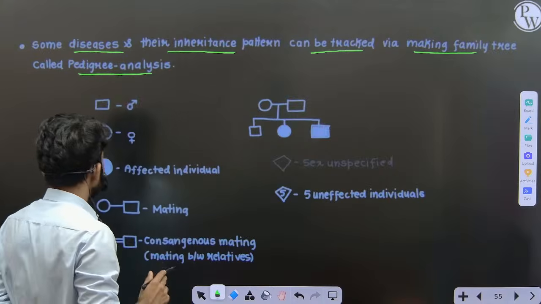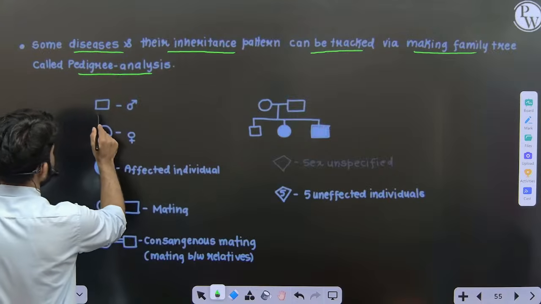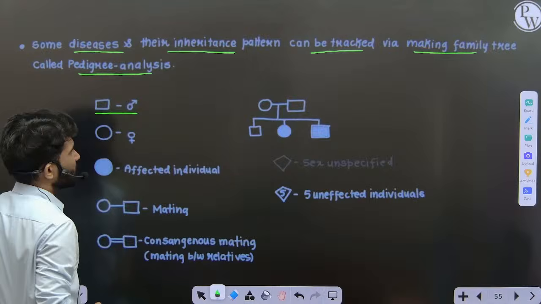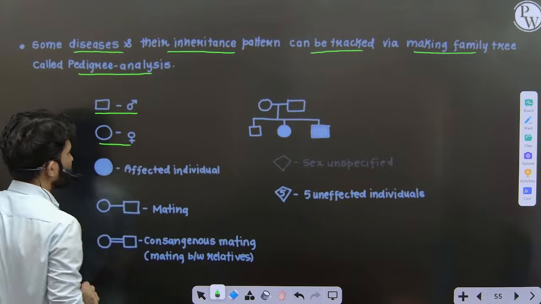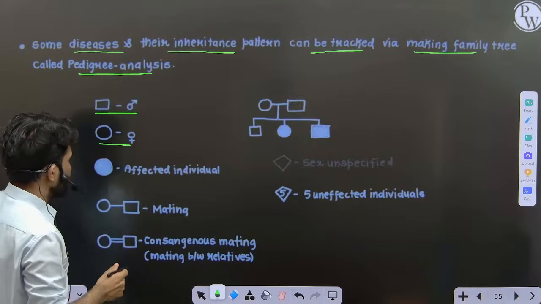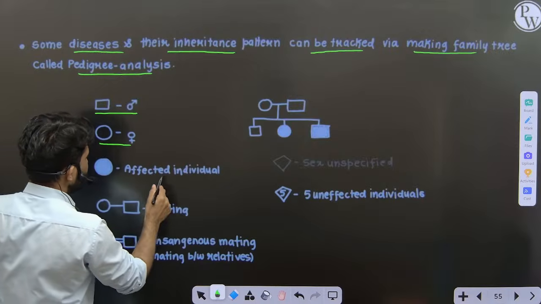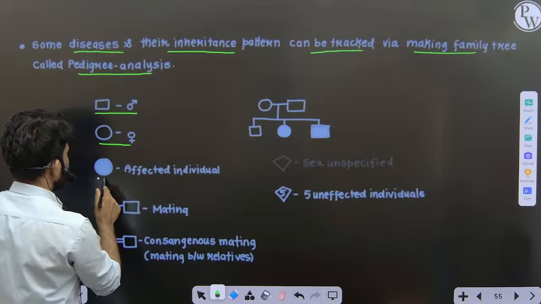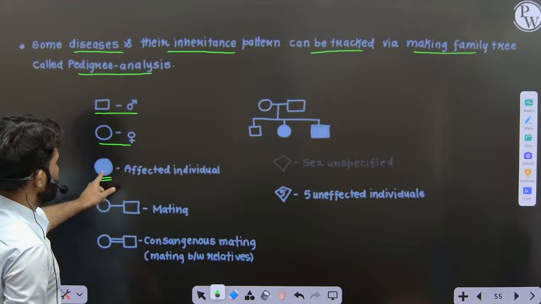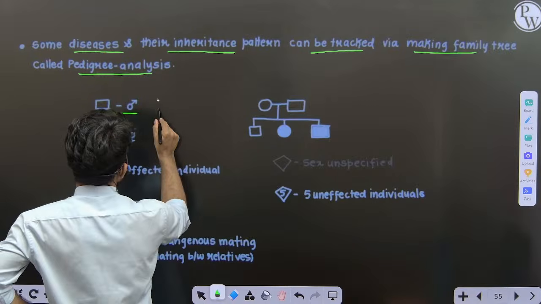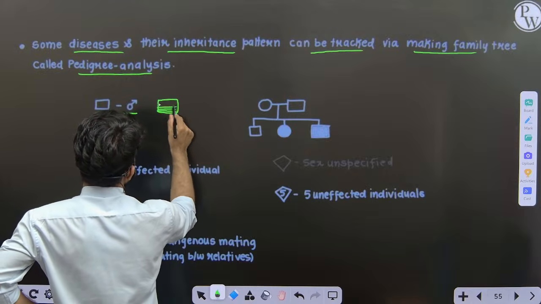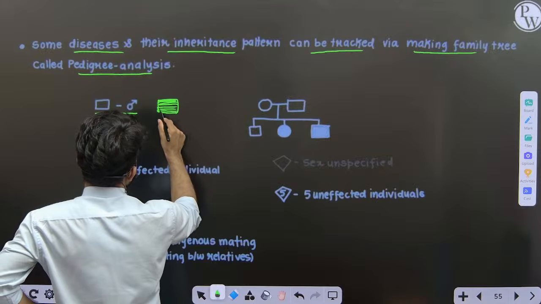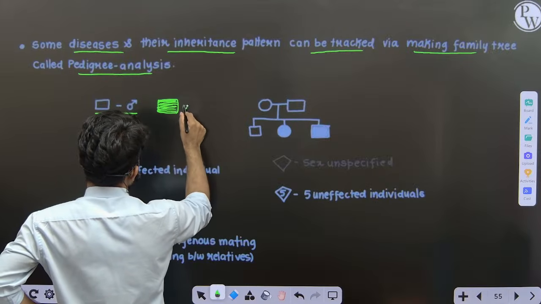So what are the different symbols used here? The square symbol is used for indicating a male individual. The circle symbol is used for indicating a female individual. The affected female is indicated by a filled circle, and the filled square indicates an affected male.